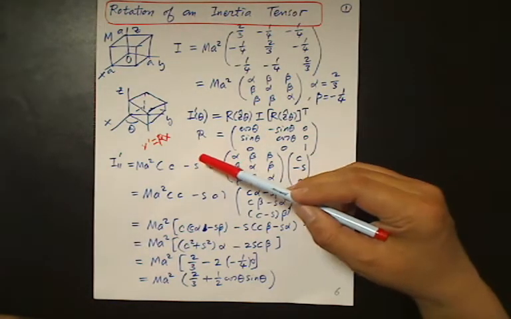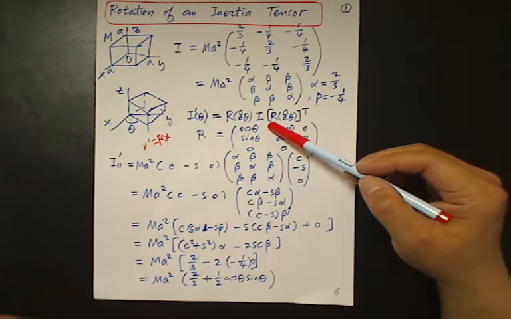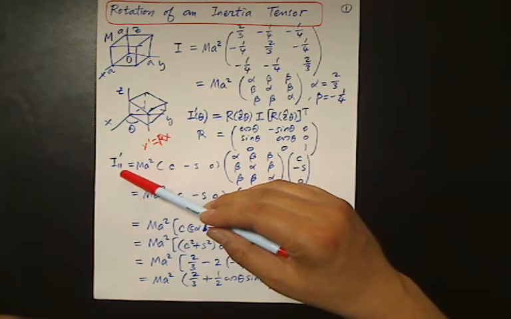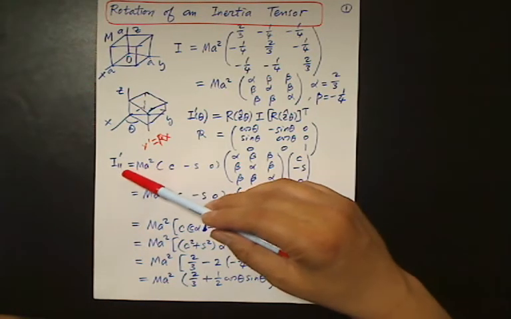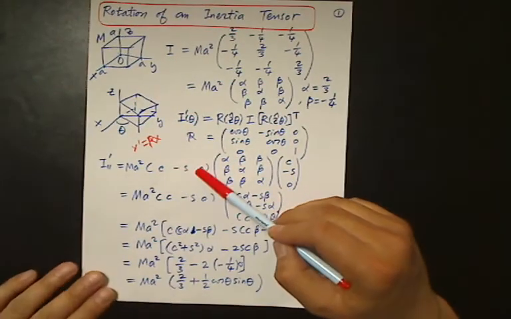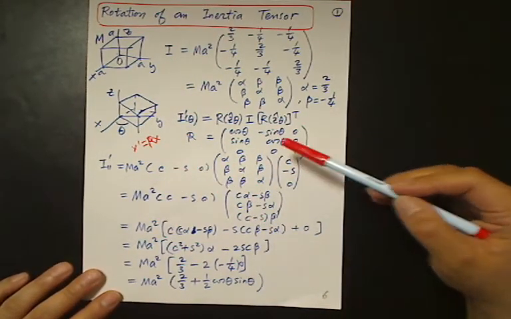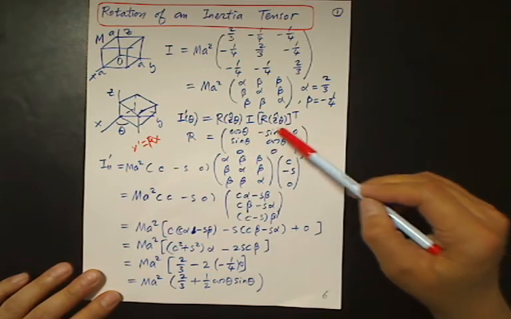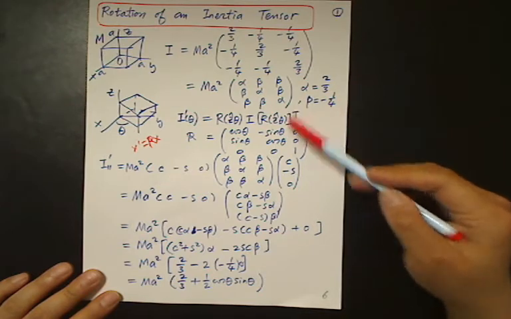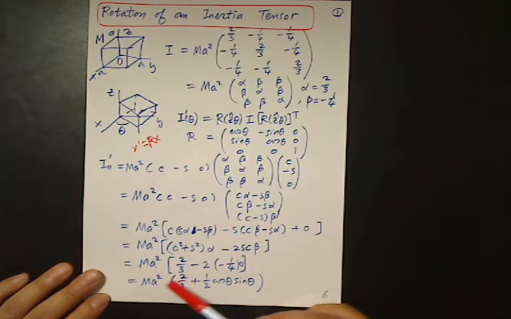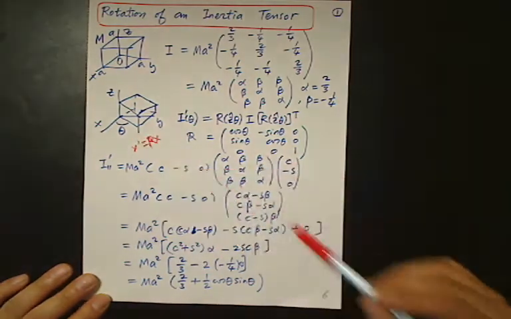We substitute this matrix R and its transpose in here, and we can read off the 1 1 element as it is. This is the first row of the rotation matrix, and this is the first column of the transpose of this matrix. After the long calculation, we find that the 1 1 element has dependence on the angle theta.